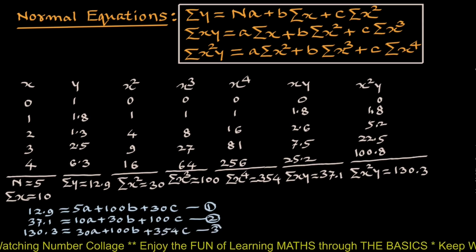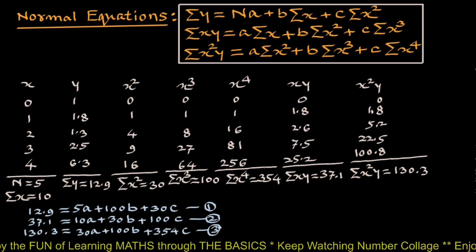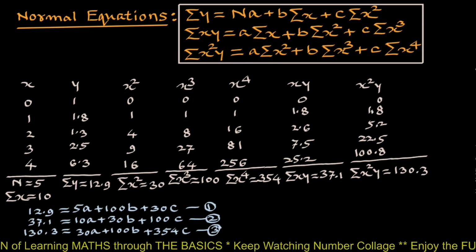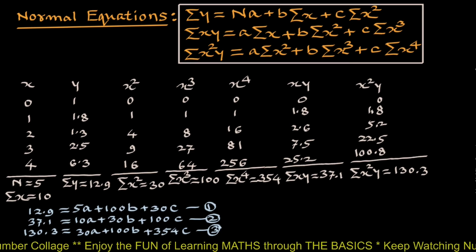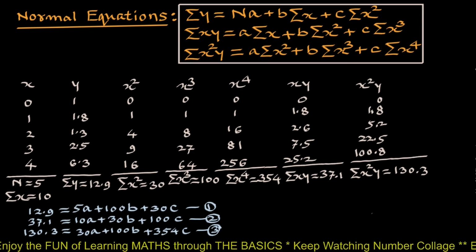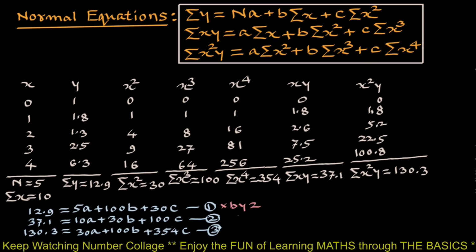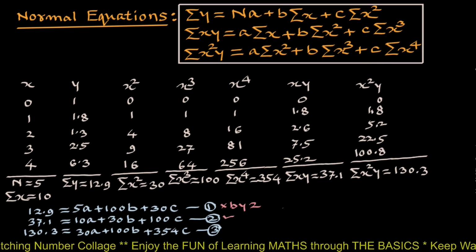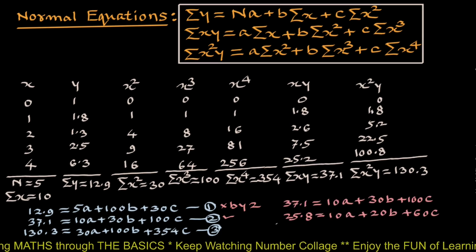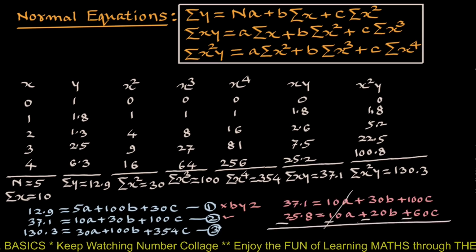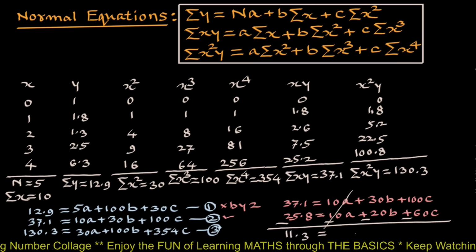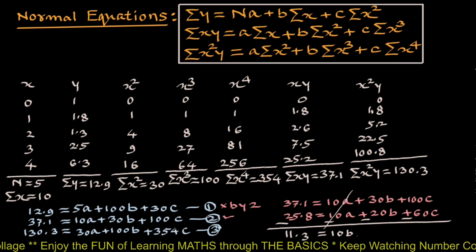We name this 3. We have to solve these three equations by eliminating variables one by one. To eliminate a, we multiply equation 1 by 2 and subtract it from equation 2. After subtraction, 10a gets cancelled and we get 11.3 equals 10b plus 40c.